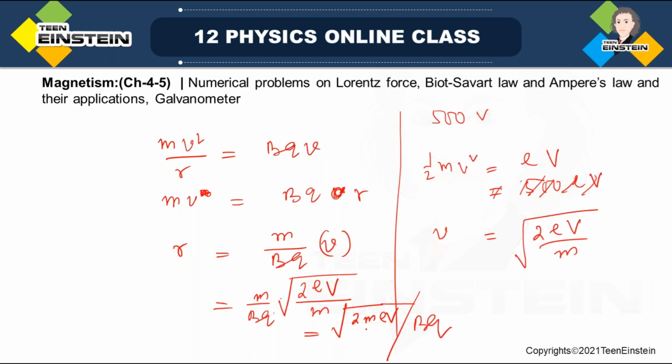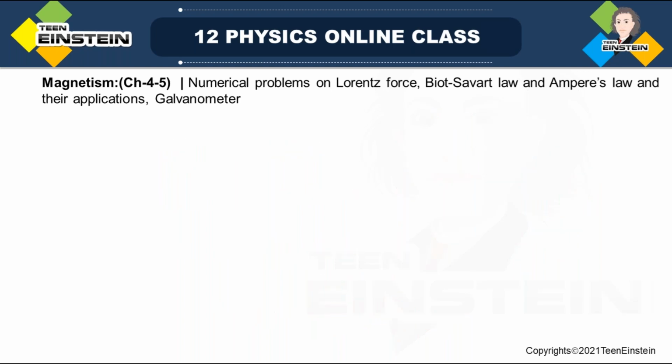So we have got the formula for the radius: r equals square root of 2meV divided by bq. Okay, this is the formula for getting the radius.